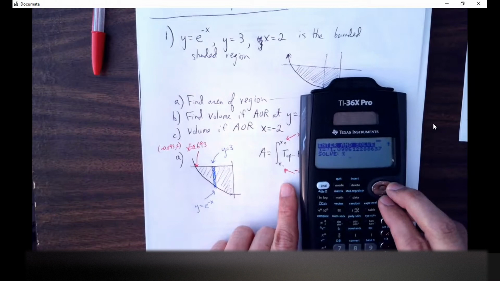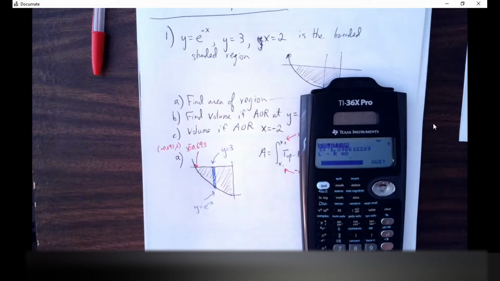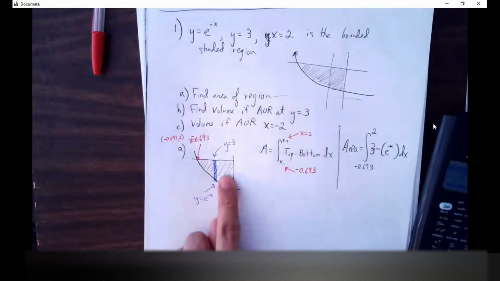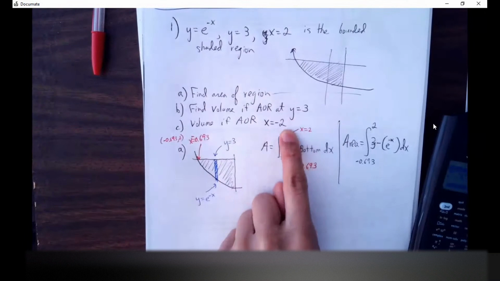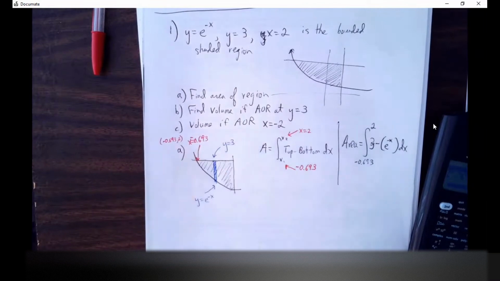Let's try negative. Negative 1.09. Are you guys getting something that is... Oh, wait a second. I put y equals 2 in my calculator. Sorry about that. It's y equals 3. X equals 2. Okay, I messed up.